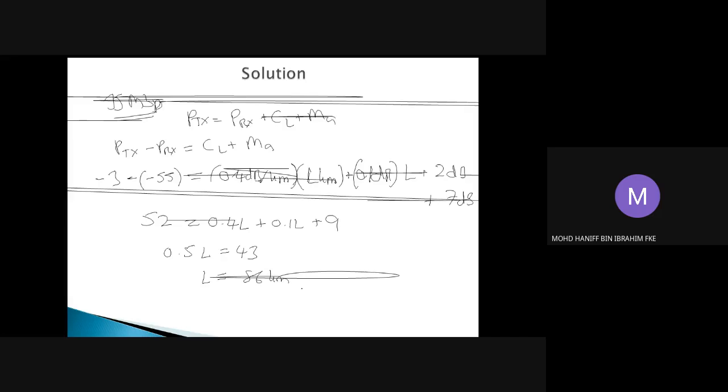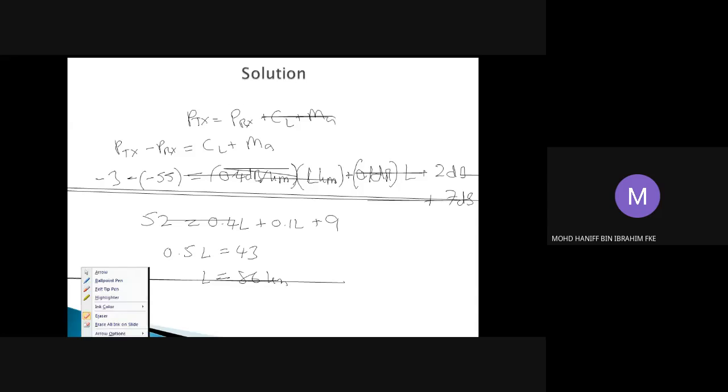So that should be the allowed, the maximum distance. 86 kilometers. That should be the allowed distance for our system at 35 megabit per second data transmission. Okay then, we proceed.